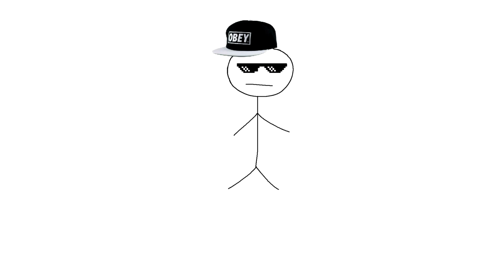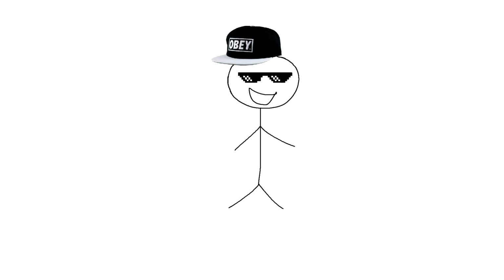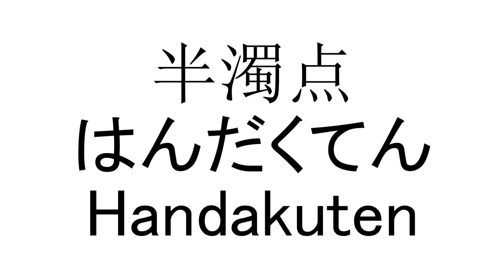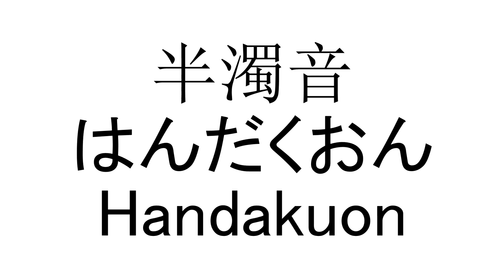Yes, here the b phoneme is treated as the voiced version of h, even though it is the voiced equivalent of p, and that's because the h phoneme developed evolving from p. A small circle called Handakuten can be added to the top right of the h kana to change them into p kana. These kana are called Handakuon.